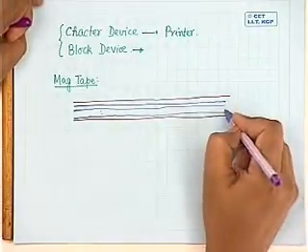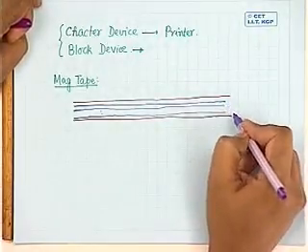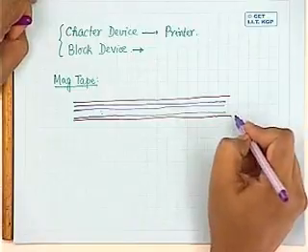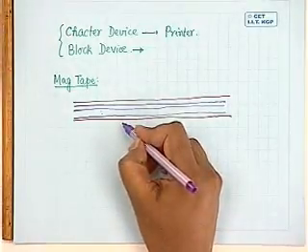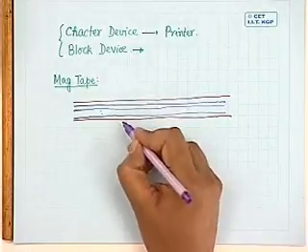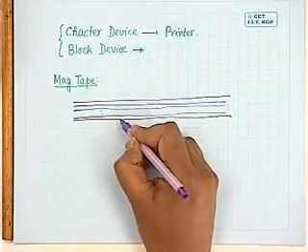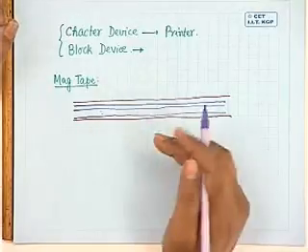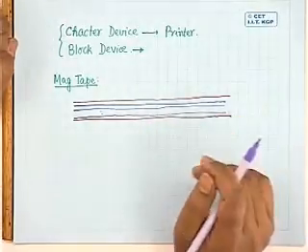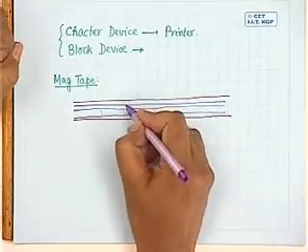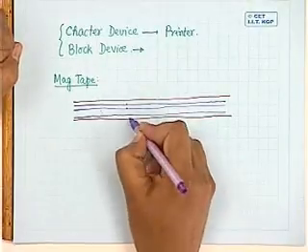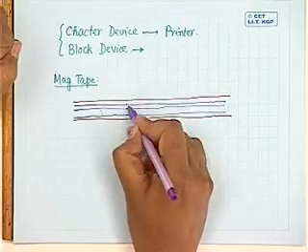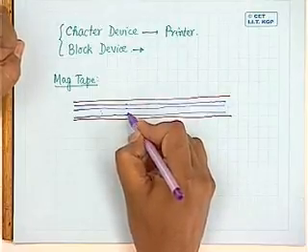Out of these 9 tracks, 8 tracks will contain 8 bits, that is one complete byte, and the 9th track is usually used to contain the parity bit. Whenever you write a particular byte onto this magnetic tape, you write the 8 data bits on 8 of the tracks, and the 9th track contains the parity information of those 8 bits.